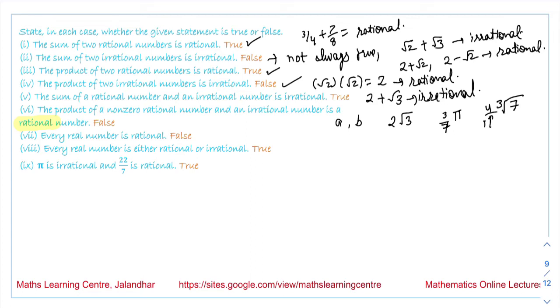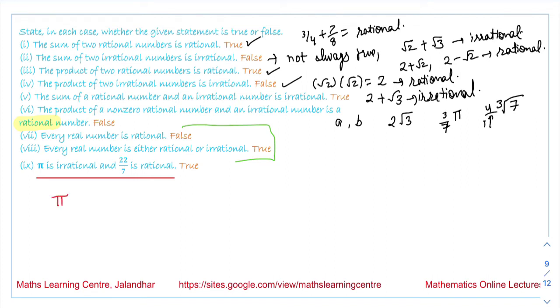Next is, every real number is a rational number. The definition of real number we will see in the next lecture. So the next two questions are basically part of the next lecture. And an important question to note over here is, pi is irrational and 22 by 7 is a rational number.